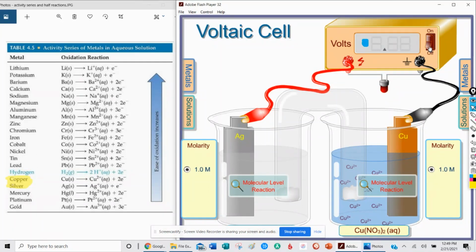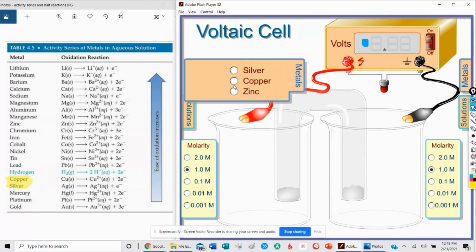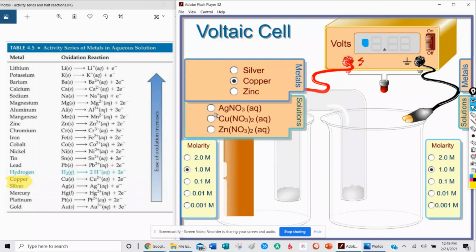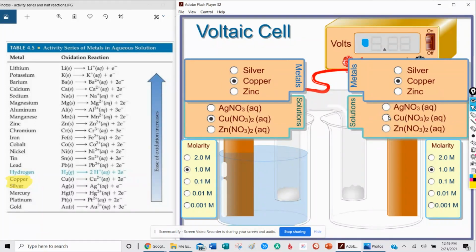So what happens if I put two copper electrodes on there? There is no difference in ease of oxidation. There's no difference in reduction potentials. So we would believe that nothing would happen.